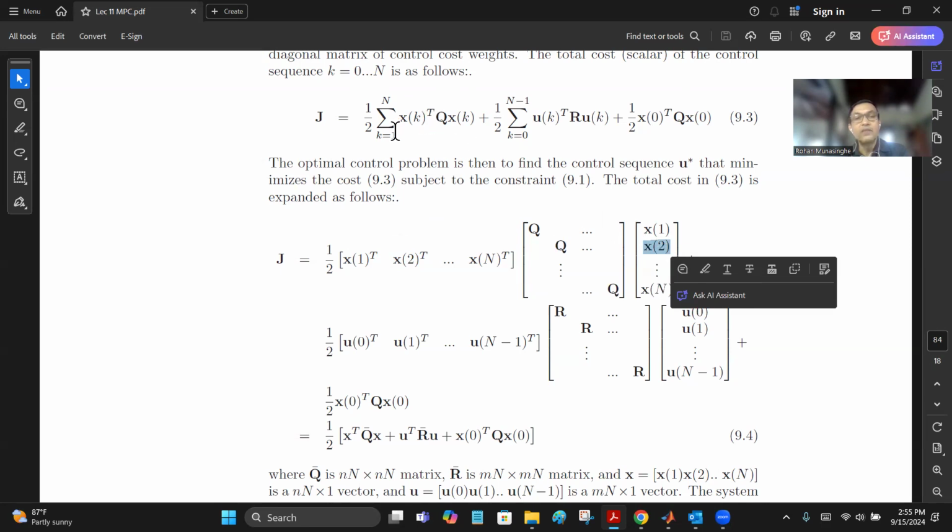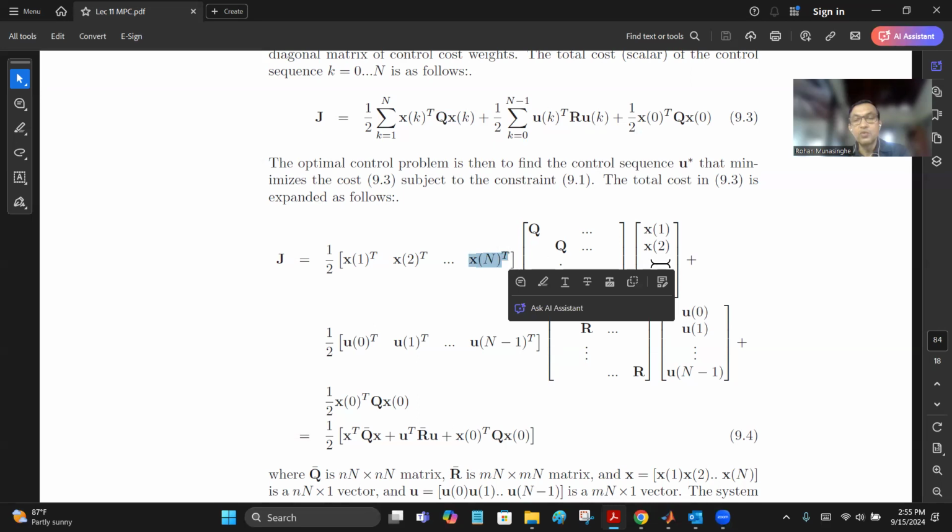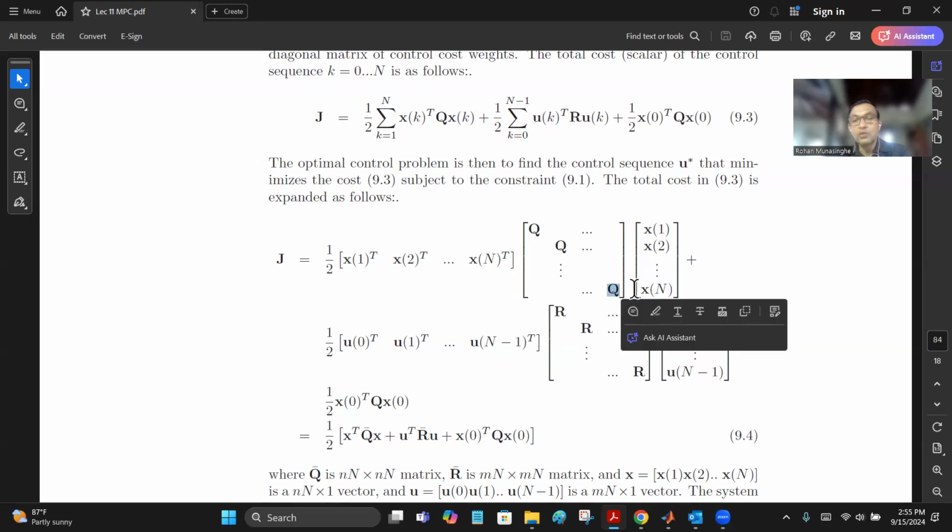Finally, we have xn transpose Q xn. So we have that also here. Do you see that? So the entire summation here, product and sum, is now just three big matrices.